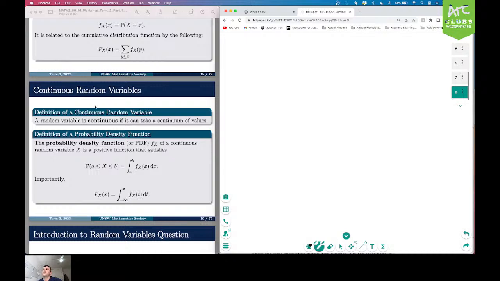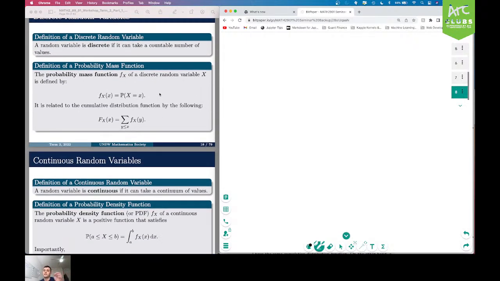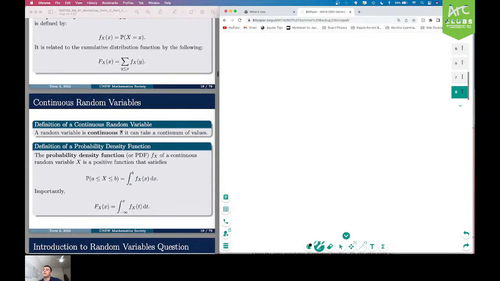We also have continuous random variables, so they can take on a continuum of values, contrary to a discrete random variable that can only take on a countable number of values. Heights, for example, would be a continuous random variable because you can be 169.32159 centimeters tall, and you can measure it to an arbitrary amount of precision.